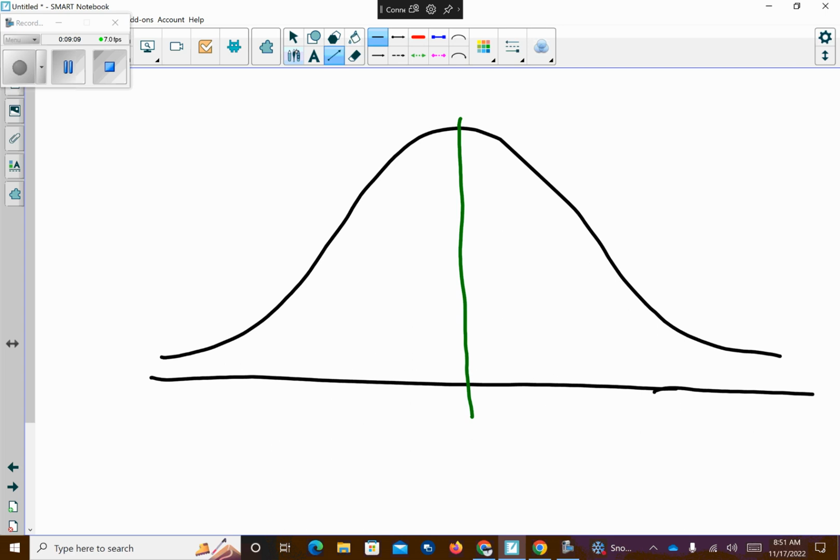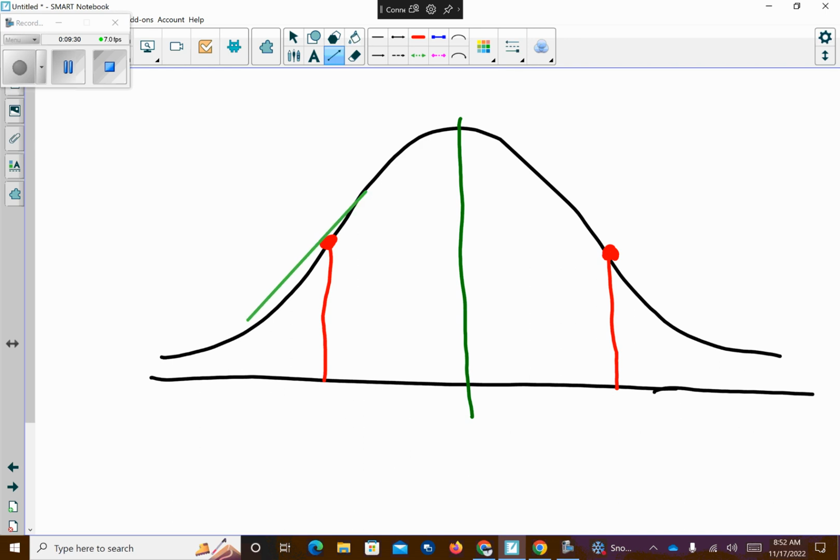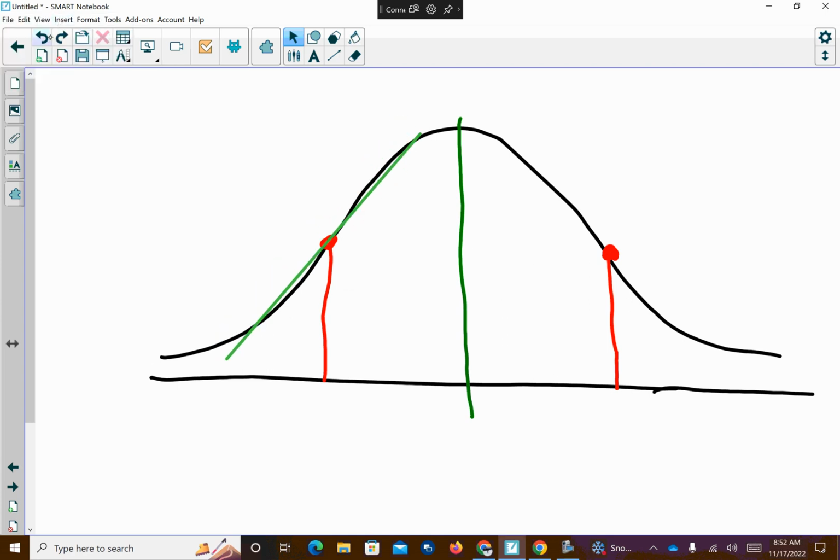So in the world of math, if we are one standard deviation and we wanted to know what that point was here or what the point was here, if we were to take a straight line and draw it in a way so it kind of kisses it once, that's a bad normal curve. Undo, undo, undo.